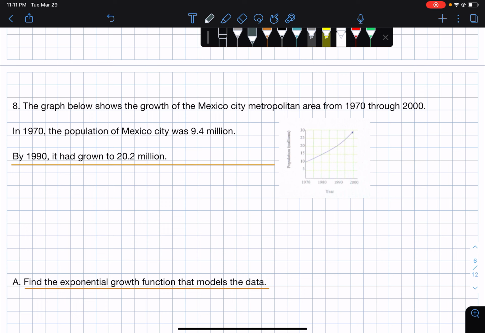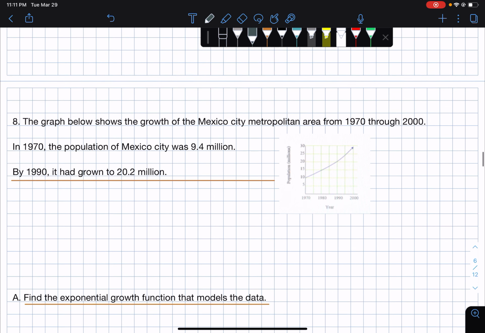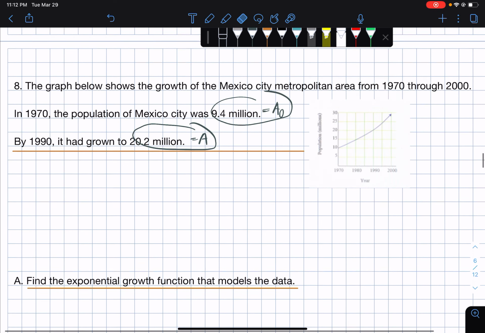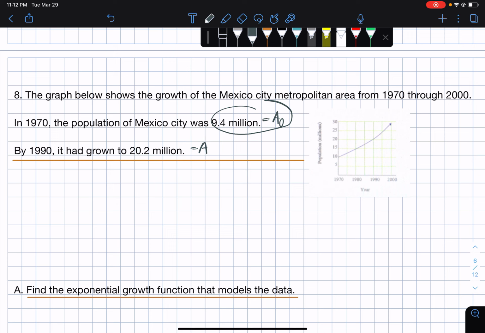So, we do have, let's assume that this one is our A0 and this one is our A. But that won't be always, especially when we're trying to find something else that is our A. So in that sense, we can solve in two ways, assuming that one of these values is going to act as our A0 or our initial amount.